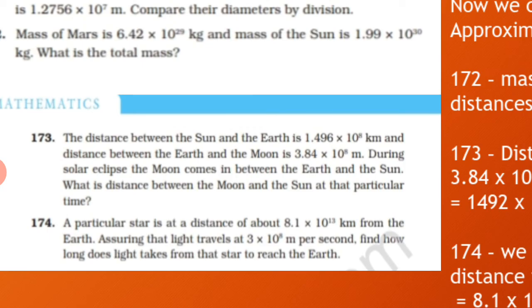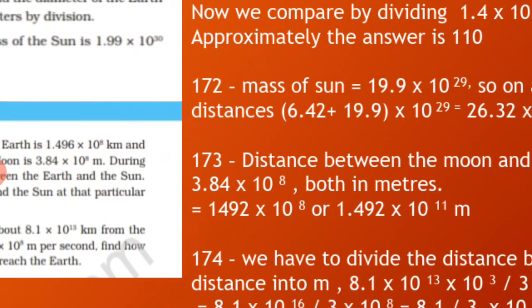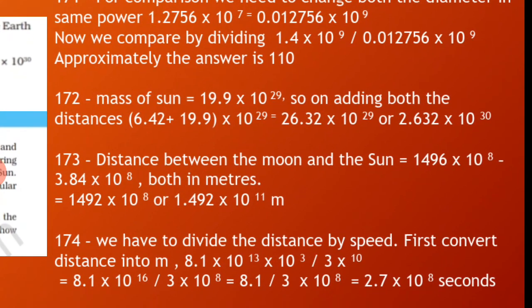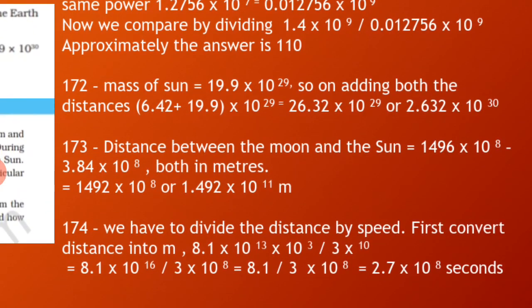Now our first job is to change the kilometer into meter or the meter into kilometer, whatever seems better. I think we can change it into meters. So the distance between the Moon and the Sun is 1.496 into 10 raised to power 8 minus 3.84 into 10 raised to power 8. Both are in meters now.